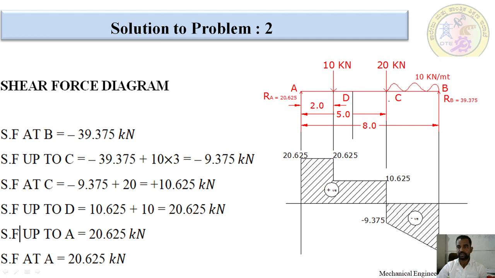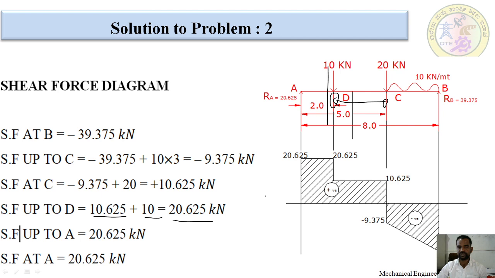Okay, after that up to this point is the same load. For that reason, up to this point is 10.625 plus 10. I am going to take the section over here. Up to here we have 20 kilonewton, and with this consideration of 10, the total is 20.625 kilonewton.